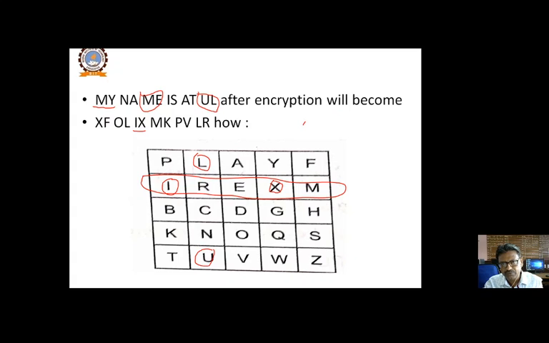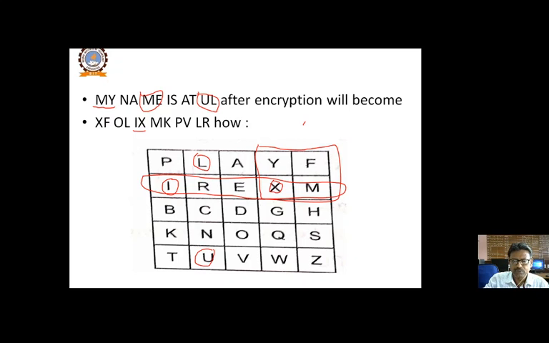So what we will do, we'll try to frame a rectangle like this. And MY will be replaced by the corner element in the same row. The corner of this rectangle is X. So M will be replaced by X and Y will be replaced by F, by the corner element, same row but the corner element.